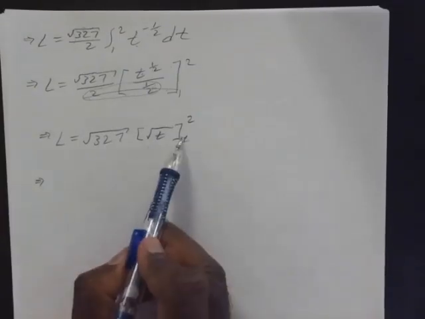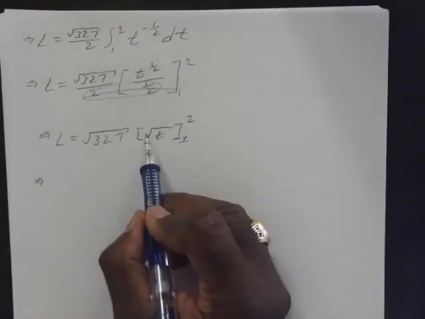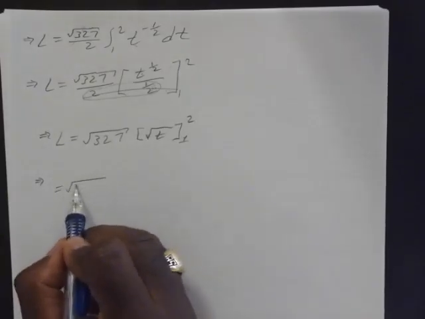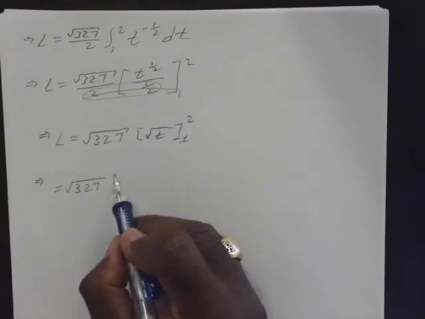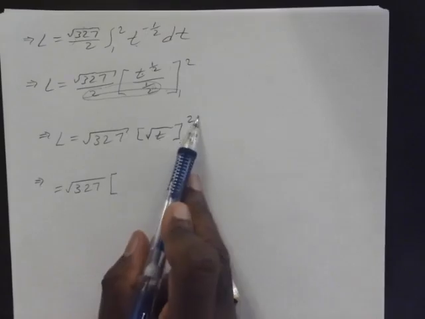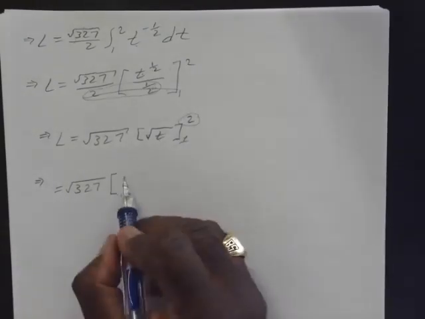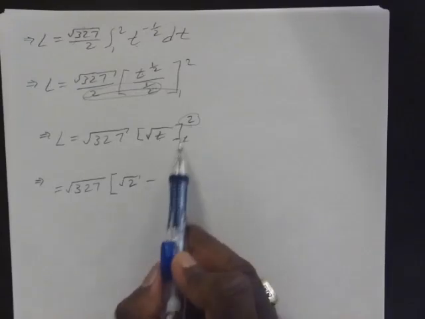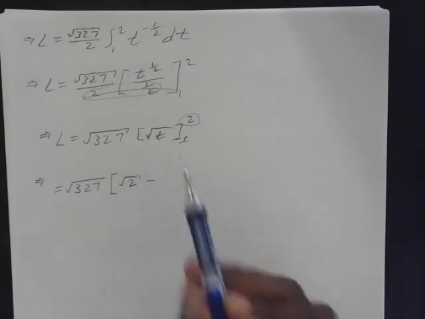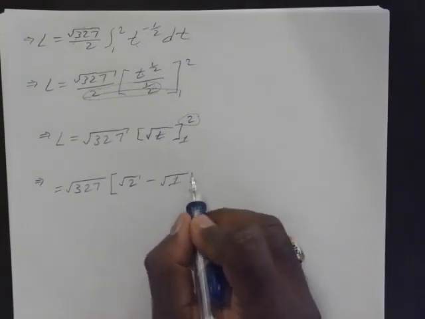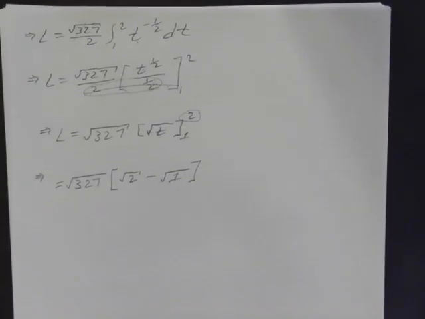Okay, so now we can go ahead and apply the fundamental theorem. So the square root of 327, plug in our upper limit, that gives us the square root of 2, minus, plug in our lower limit, gives us the square root of 1, or you can just put 1, but I'll put square root of 1 just because.